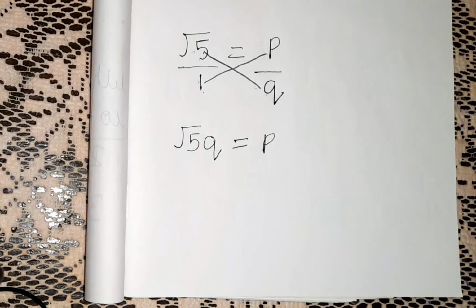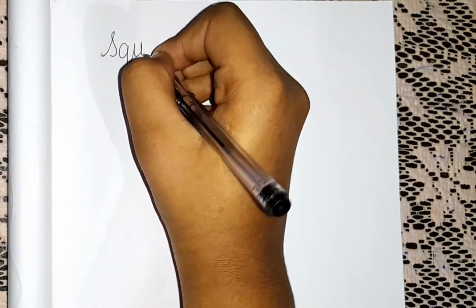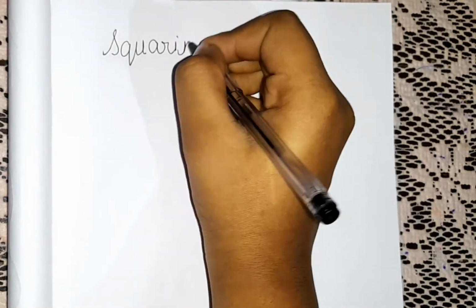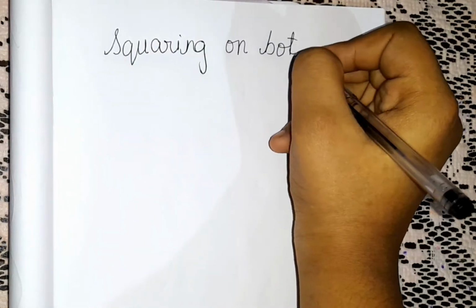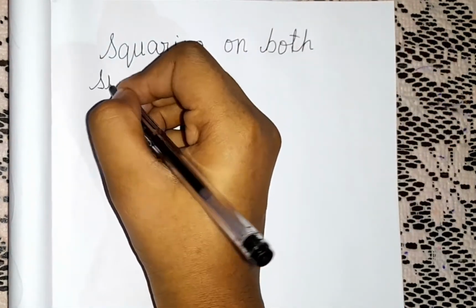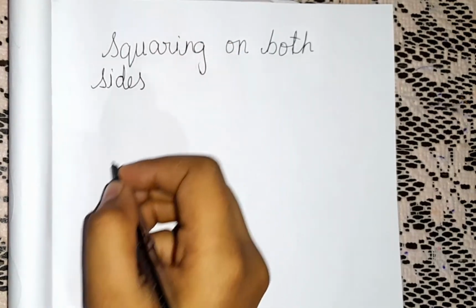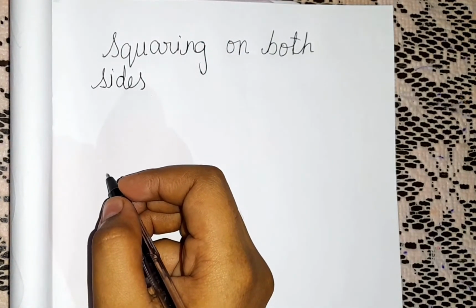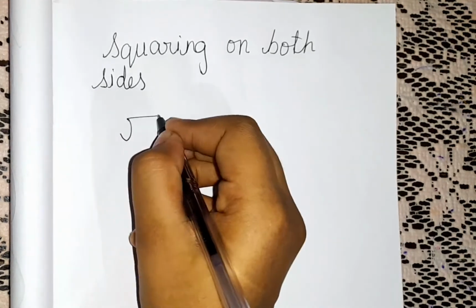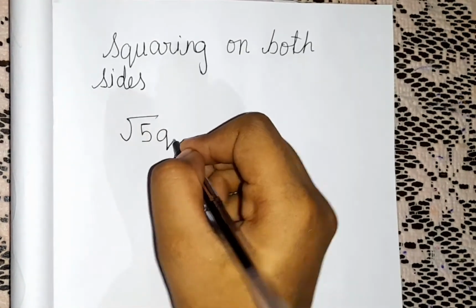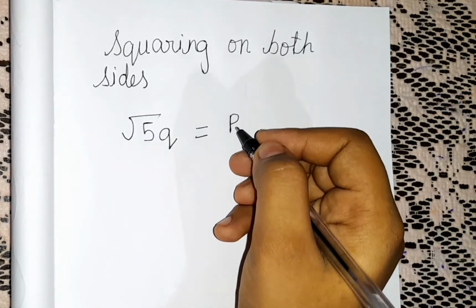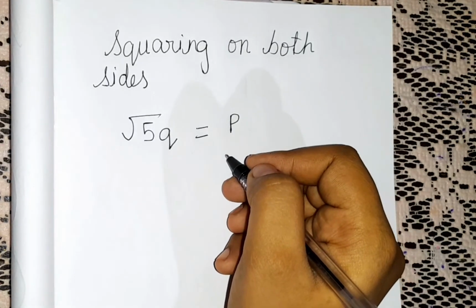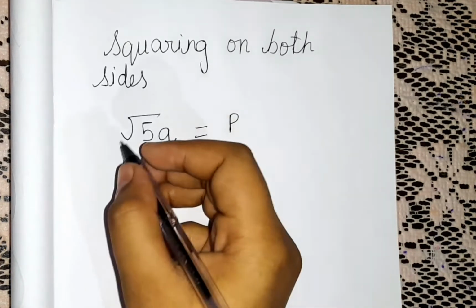Now let's write squaring on both sides. So what was the form? We got root 5 Q is equal to P. Now as we are going to square it, we shall put the square here.